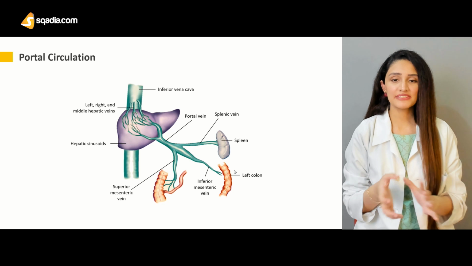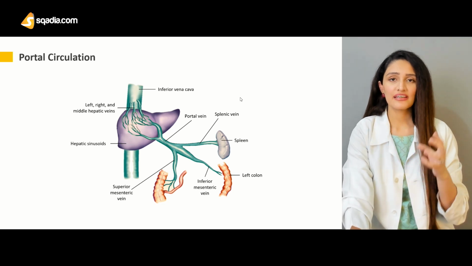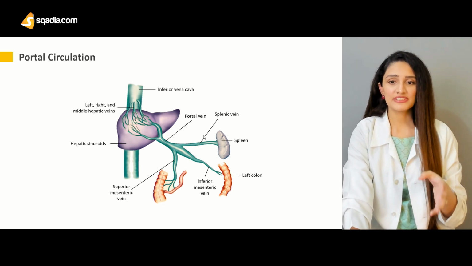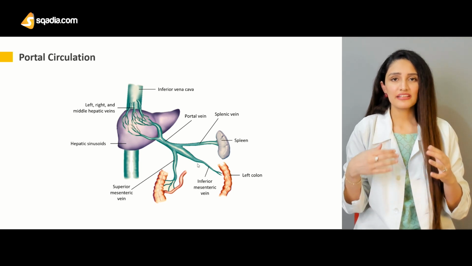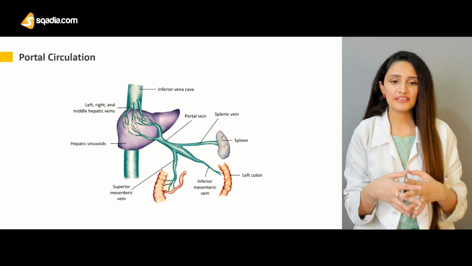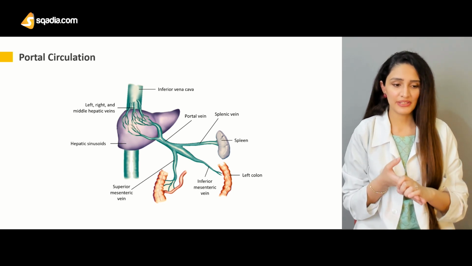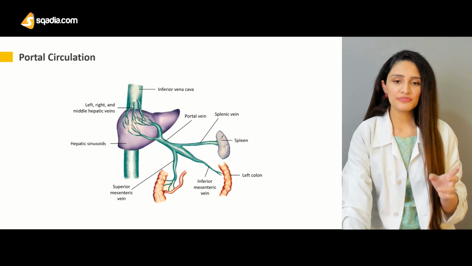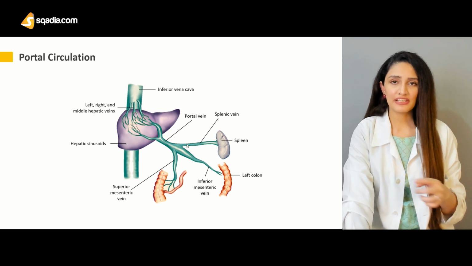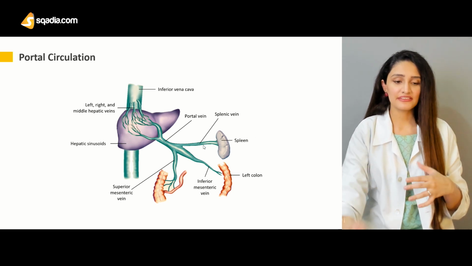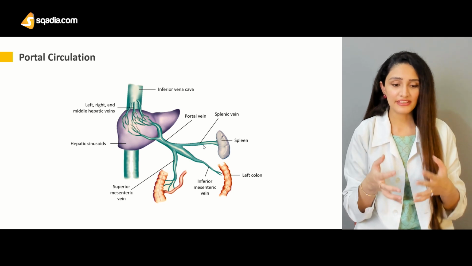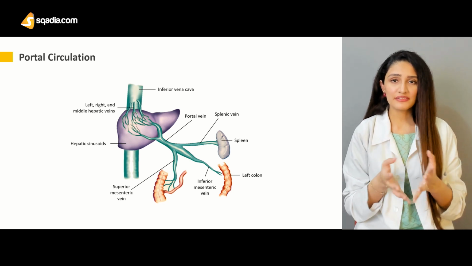And then we've got the superior mesenteric artery, inferior mesenteric vein, and the left colon. The portal vein is comprised of the splenic vein and the inferior mesenteric vein, but it usually drains into the splenic vein and then the superior mesenteric vein. The portal vein is approximately 7.5 centimeters in length, and it goes parallel with the hepatic artery and the bile duct.